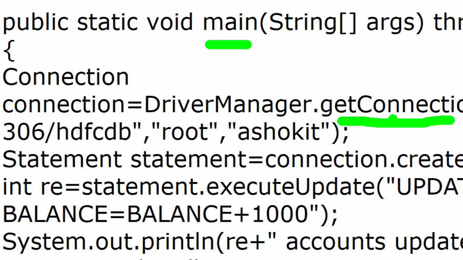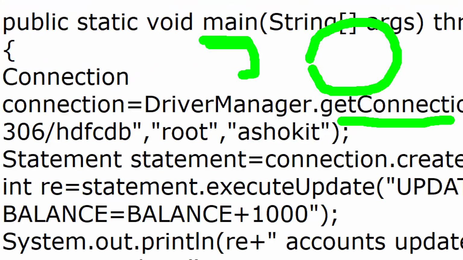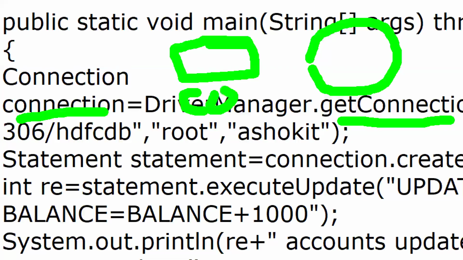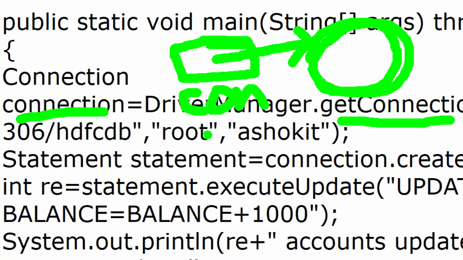In the background, which object is created? The connection object. This is the reference variable, or simply reference, pointing to this connection object. The round one is the object, and the box is the reference. Now, next line.